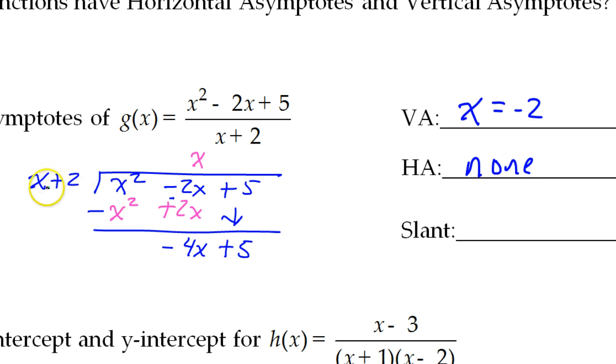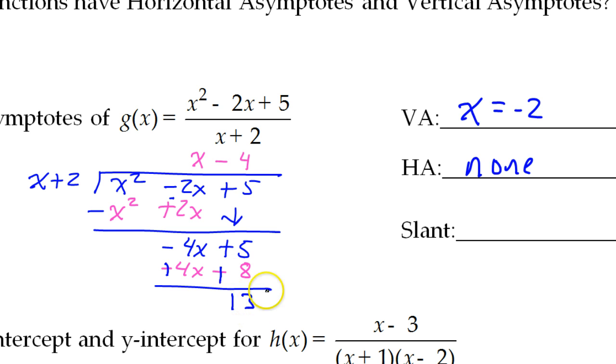Now I start over. X times negative 4 will give me negative 4x. These have to match. But then negative 4 times positive 2 is negative 8. Alright, I subtract by changing the signs. So those cancel out. But here I will get 13.